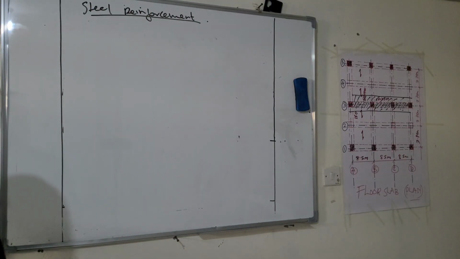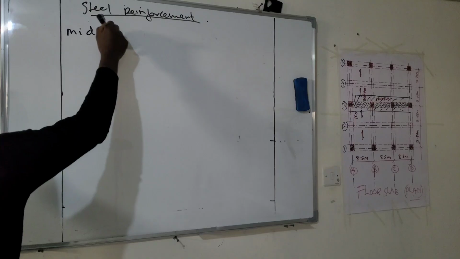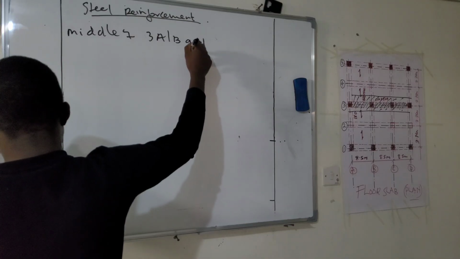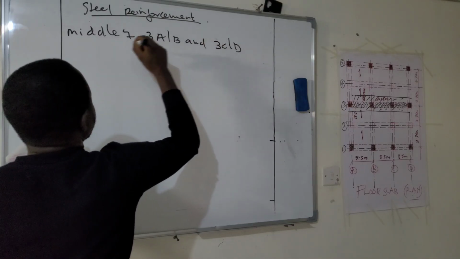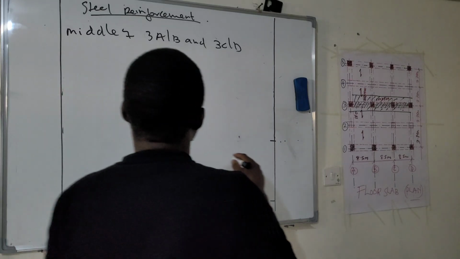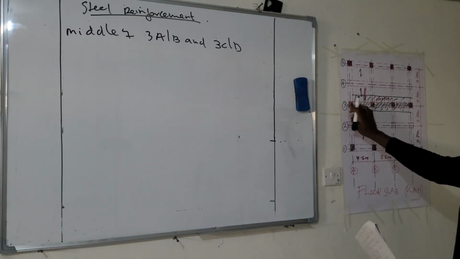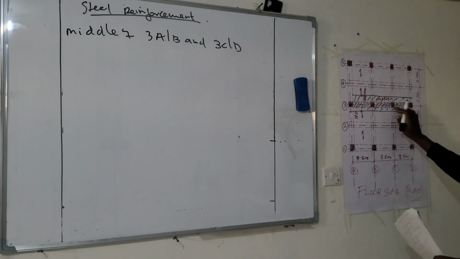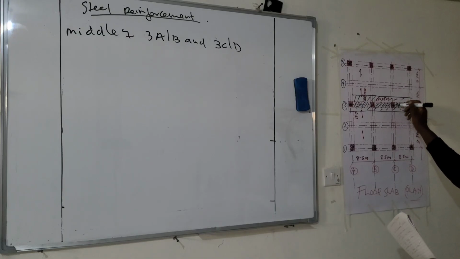So we will begin by the middle of 3A, B, and 3C, D. So it means it is this one.